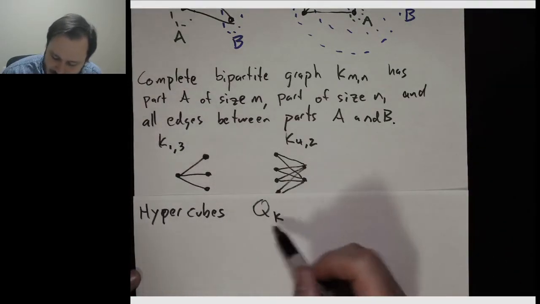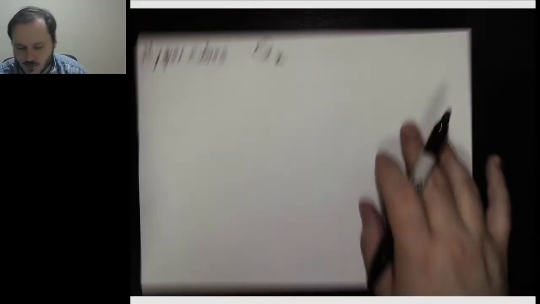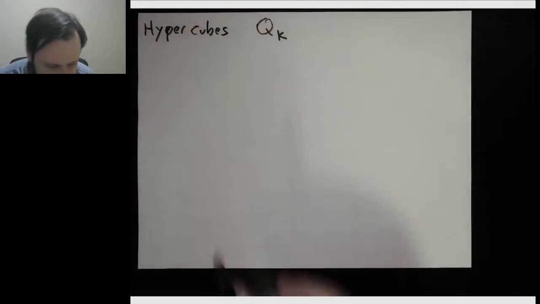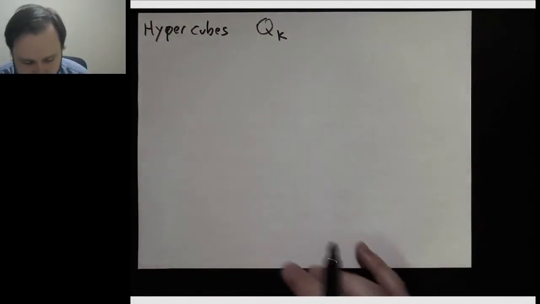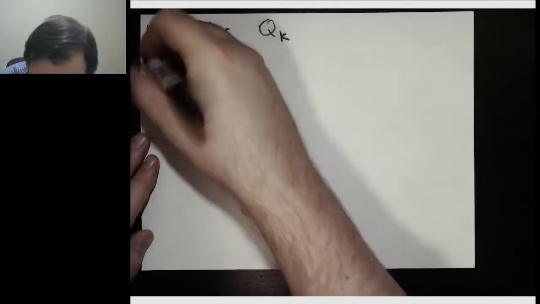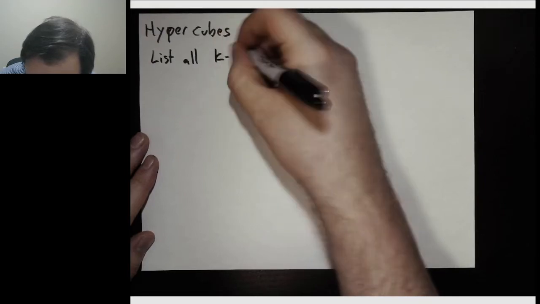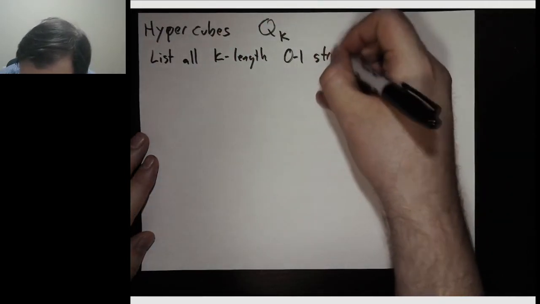The reason we use K is because the way you construct a hypercube is you list out all of the different strings, all the different ways of writing words that have zeros and ones in them, of total length K. List all K-length 0,1 strings.